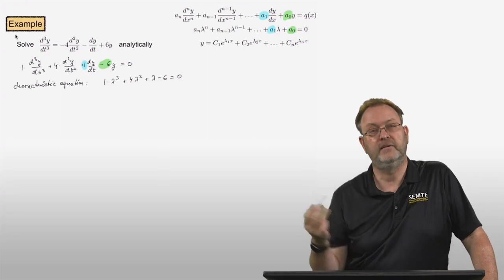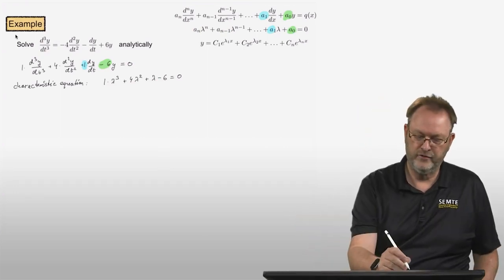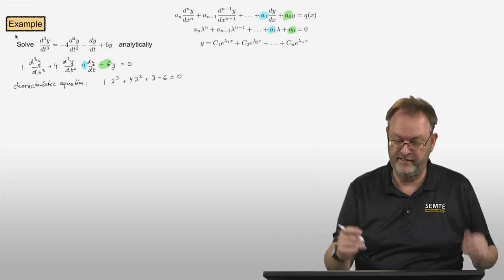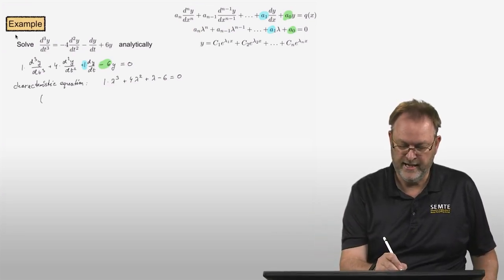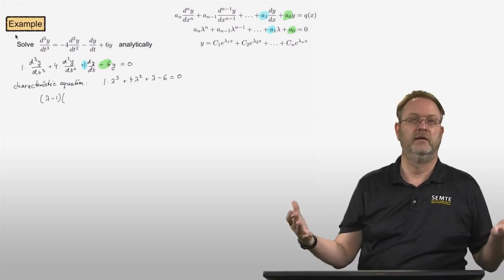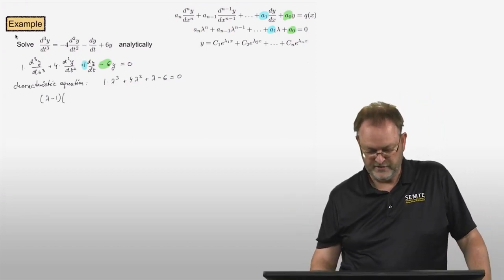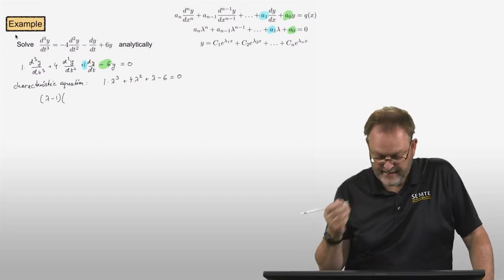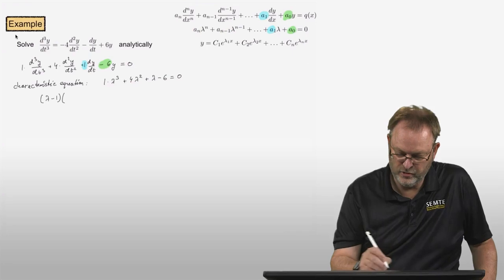Minus 6, that's 0. So I know that one of the factors that I can factor out of this polynomial has to be lambda minus 1, because lambda equal to 1 solves this equation.